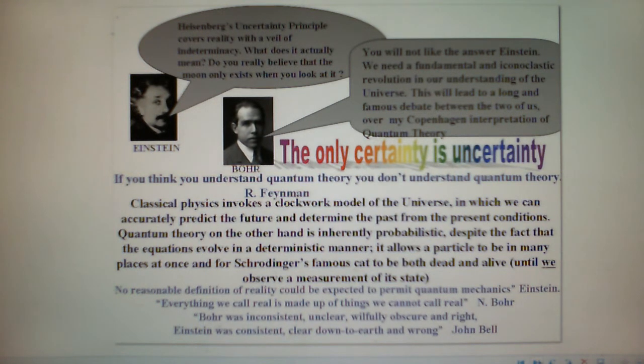Although Einstein won the Nobel Prize for his photoelectric effect, he was one of the biggest critics of the modern interpretation of quantum theory, what is known as the Copenhagen interpretation. And a very famous debate took place throughout the decades of its development in the last century.